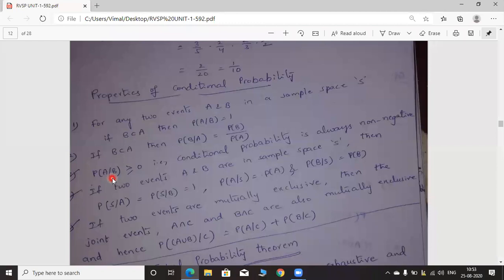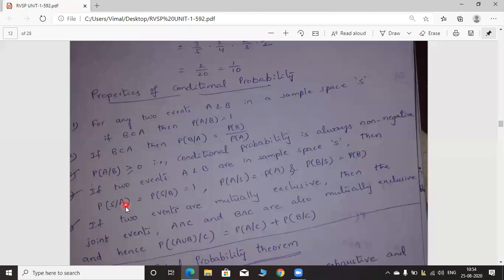Already, while explaining the properties of probability, I told you that the probability value must lie between 0 and 1, including 0 and 1. So it must be non-negative, which means positive only.